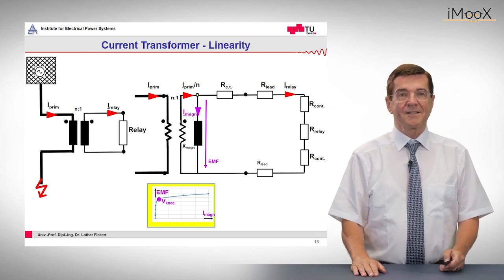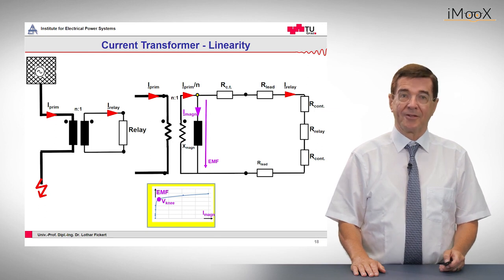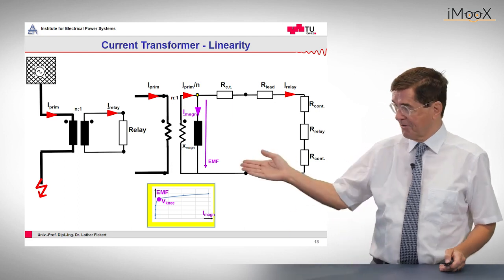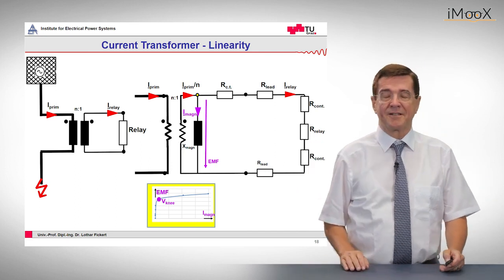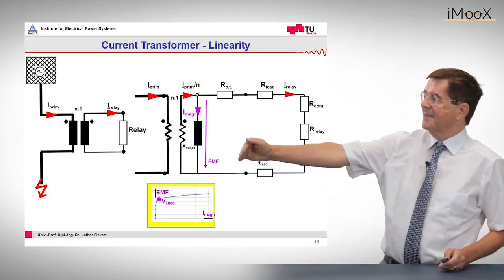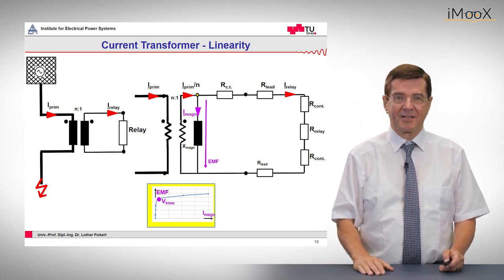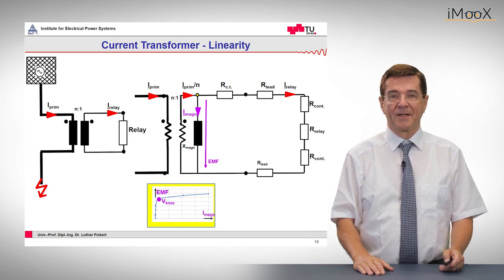So this magnetizing reactance has a peculiarity. Since it is normally carried out as an iron inductance, we have a strongly nonlinear magnetizing curve, which you see at the bottom. We see that as the voltage across this inductance rises, suddenly the current increases, and this means we have a loss through leakage current, which is detrimental to the purpose of this current transformer.